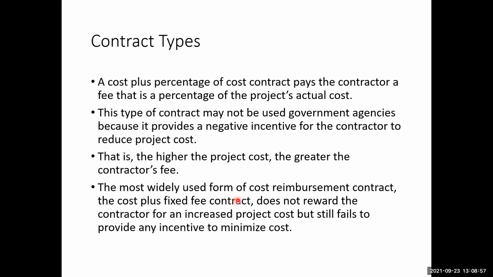The contractor will not care whether the cost increases or decreases, and will in any case get the fixed fee. Therefore, this contract is also not good for the owners or the clients.